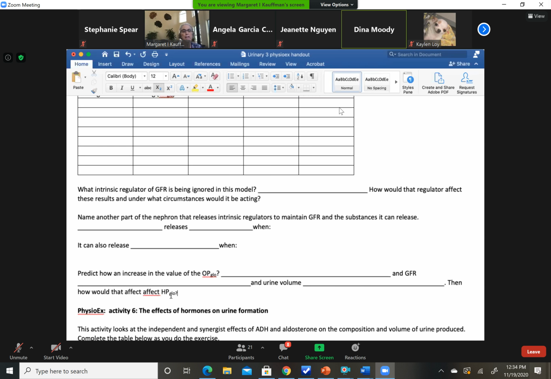See, if you don't lose as much fluid because you're not filtering it out, therefore you're not making as much urine, that fluid has to stay somewhere. It stays in your bloodstream. That means your blood volume goes up. If your blood volume goes up, your blood pressure goes up, and HP glomerulus is proportional to your blood pressure.